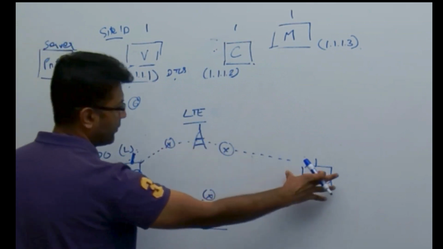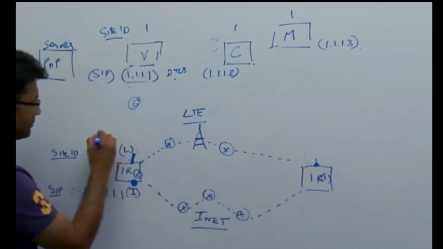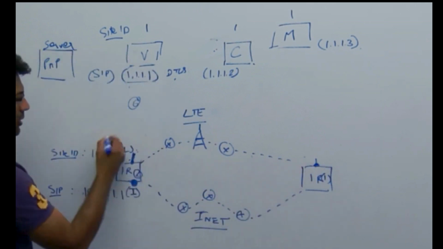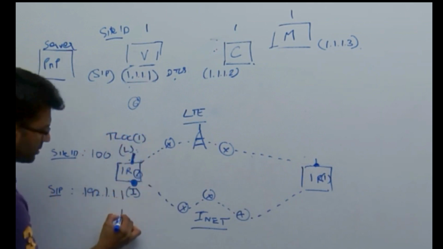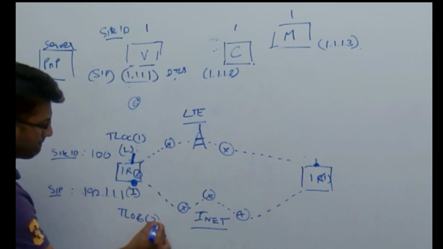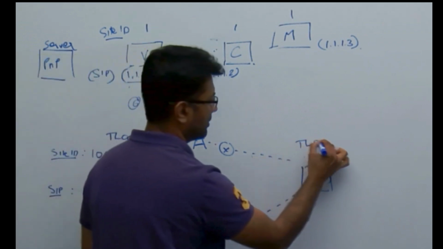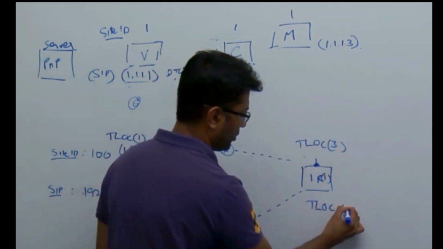So they know that for LTE, let's call this T-lock 1, let's call this T-lock 2, let's call this T-lock 3, and T-lock 4.